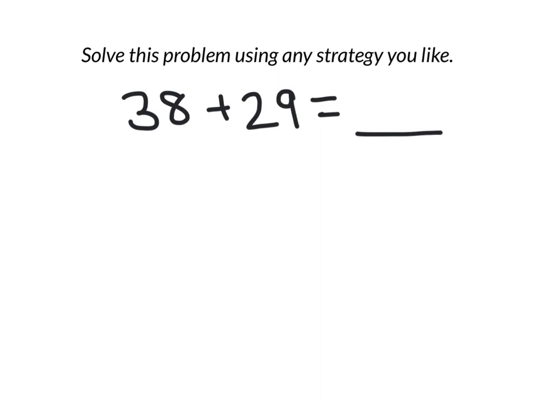Okay, so we're going to look at this problem now. It says solve this problem using any strategy you like. So right now, go ahead and solve this problem. 38 plus 29. Solve the problem. I'm going to give you about 30 seconds. You can pause the video if you want to, and that might help you.